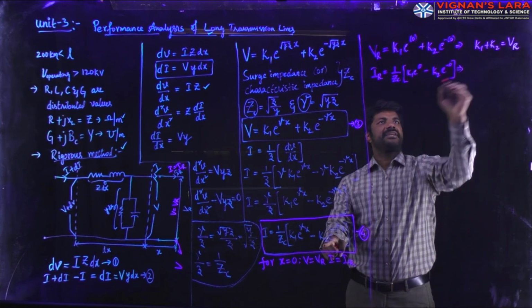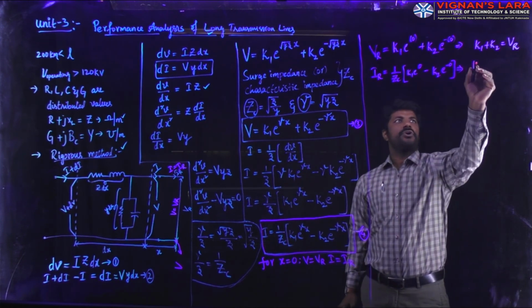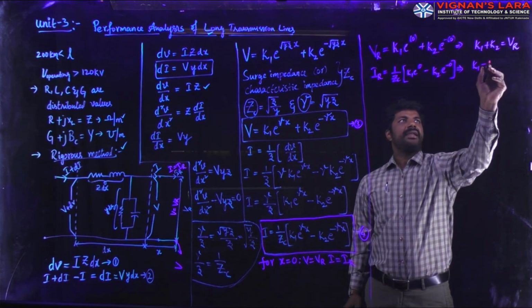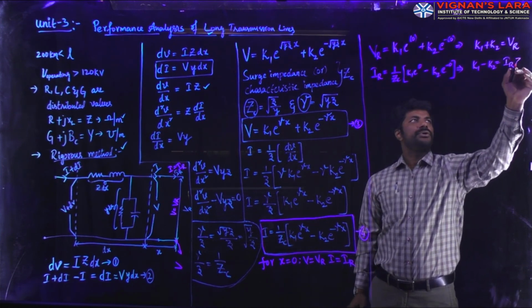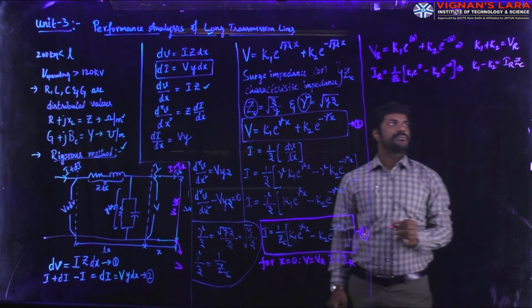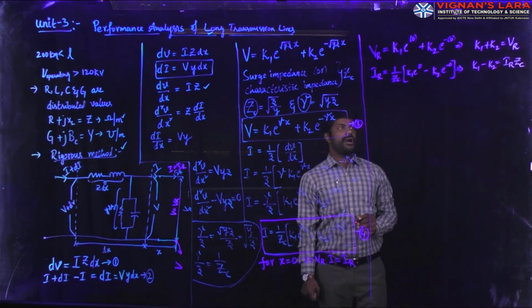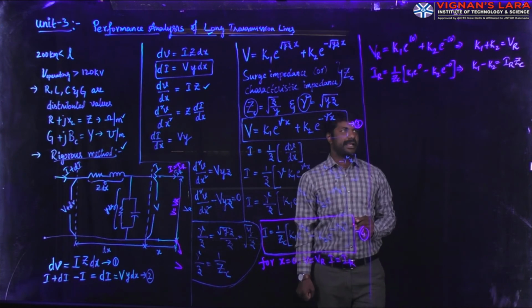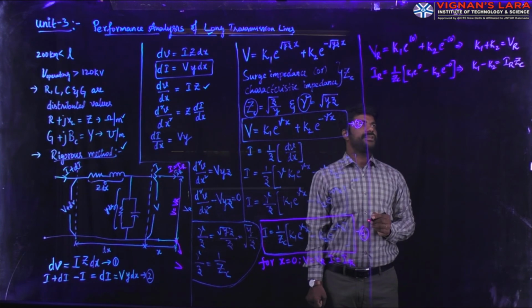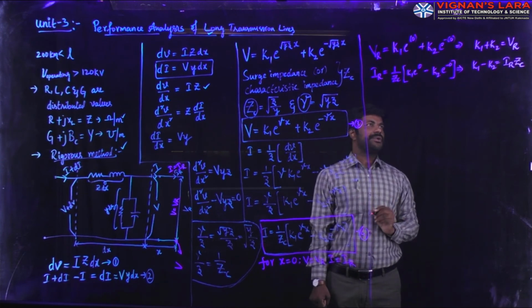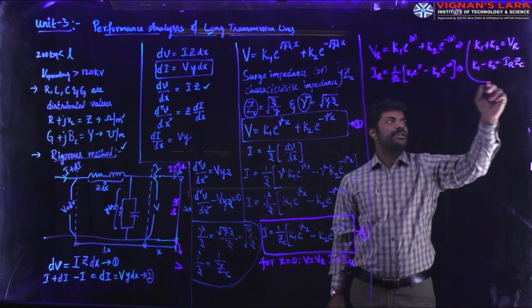For further simplification, you can get equation 4 as k1 minus k2 is equal to IR into ZC. So substituting the initial conditions for x equal to 0, we got V as VR and I as IR, and the constants are identified as k1 plus k2 is equal to VR, and k1 minus k2 is equal to IR ZC. Simplify now these two equations.